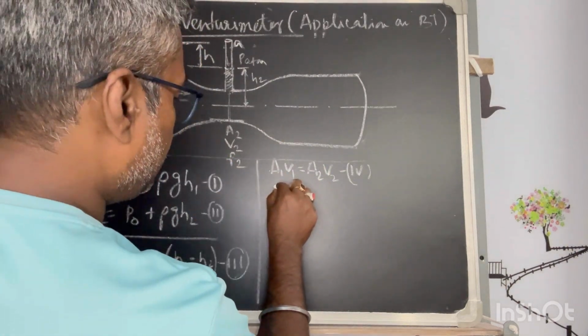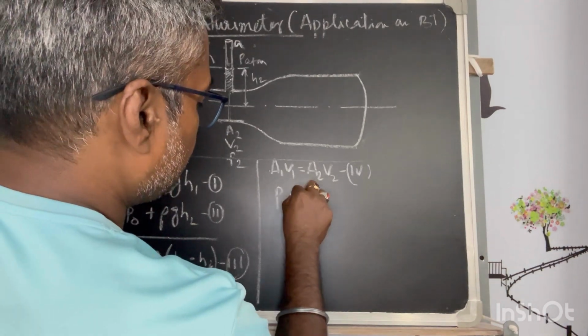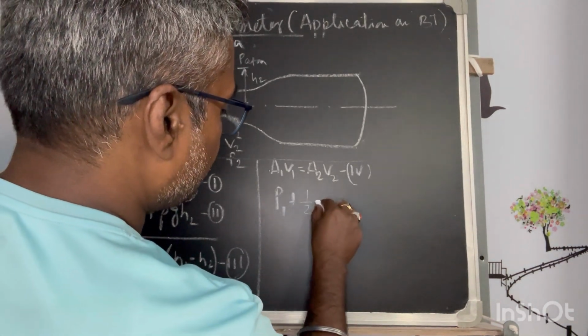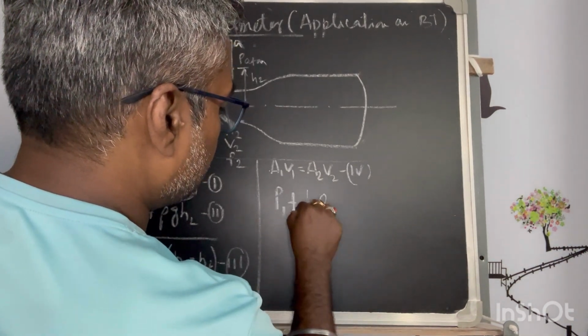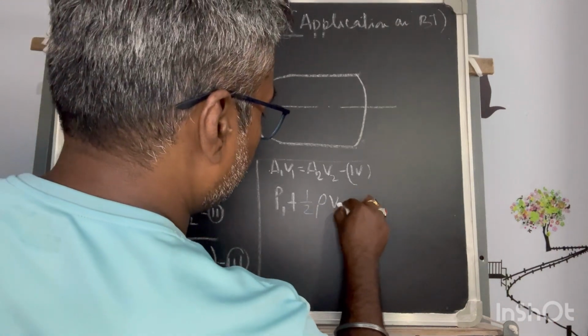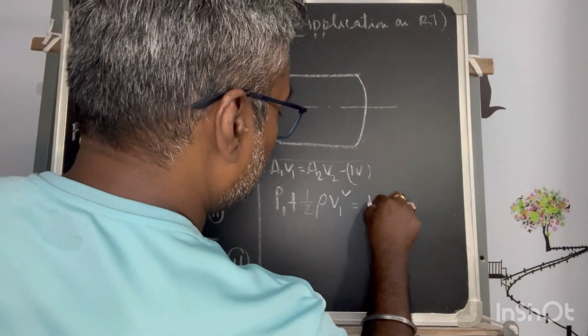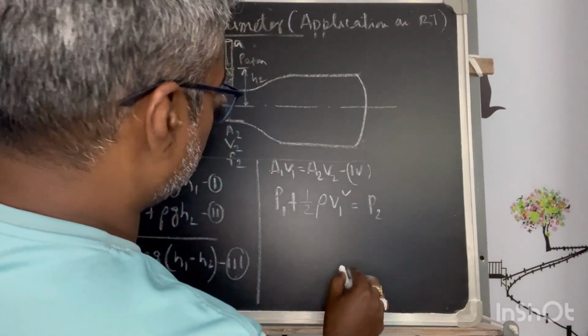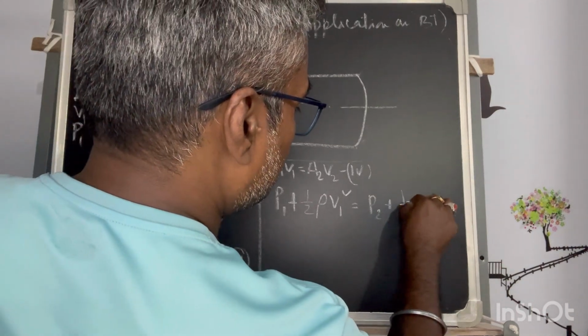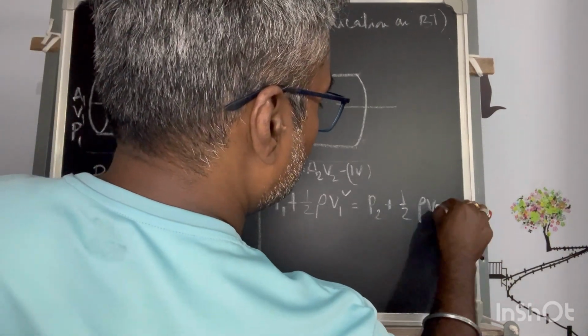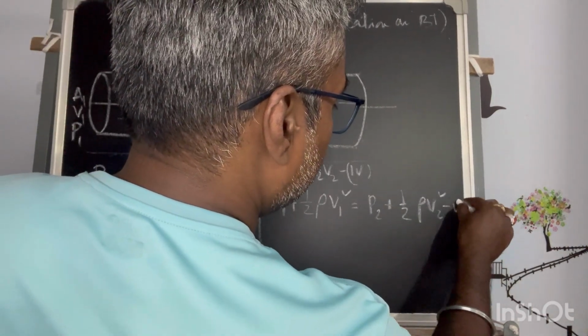What else is remaining? The pressure energy plus the kinetic energy, half rho V1 square, I am talking about energy per volume, that is equal to P2 at this point plus half rho V2 square. This will be your fifth equation.